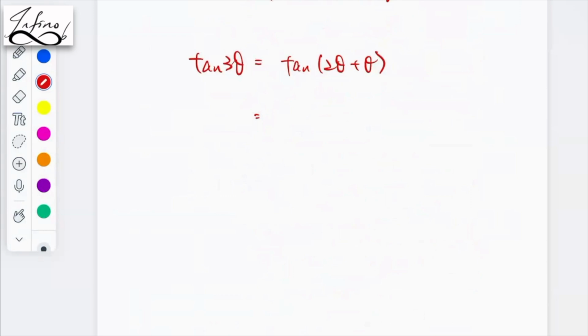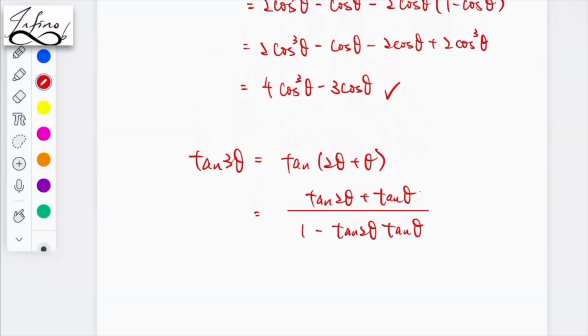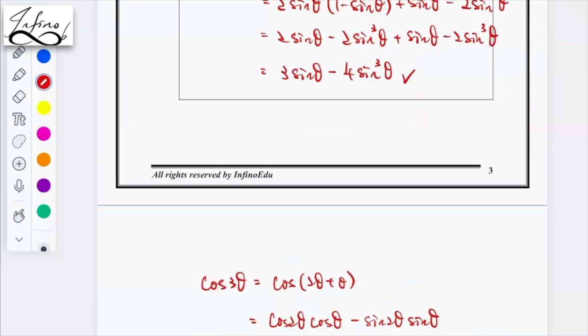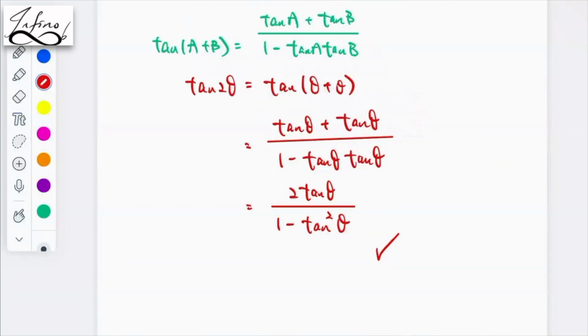That is tangent A plus tangent B over 1 minus tangent A tangent B. The next one is tangent 2 theta, which is 2 tangent theta over 1 minus tangent square theta.